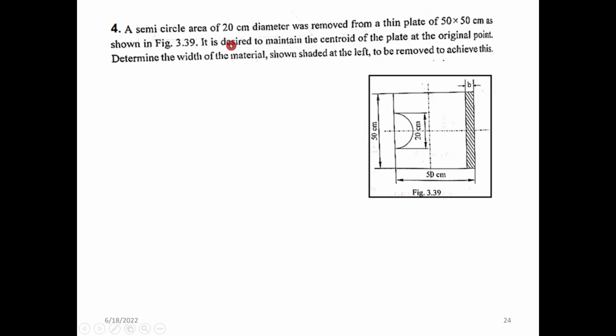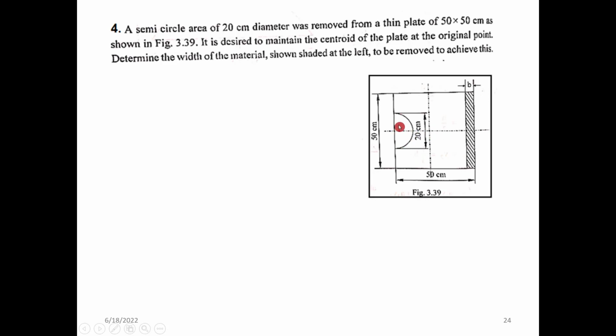It is desired to maintain the centroid of the plate at the original point. For the rectangular case, you know that the centroid is exactly at the middle, that is 25 from left and 25 from bottom. As we have removed the semicircular portion from this rectangle, definitely the centroid will shift to the right.